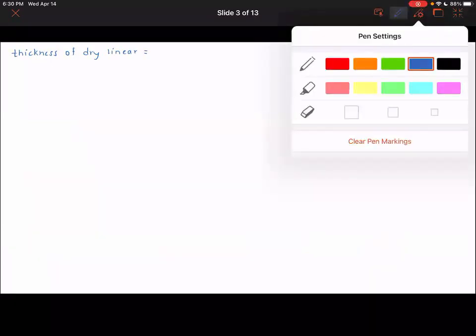So the thickness of the dry liner, I made a mistake here, the dry liner thickness is 0.03 times D, where D is the diameter.